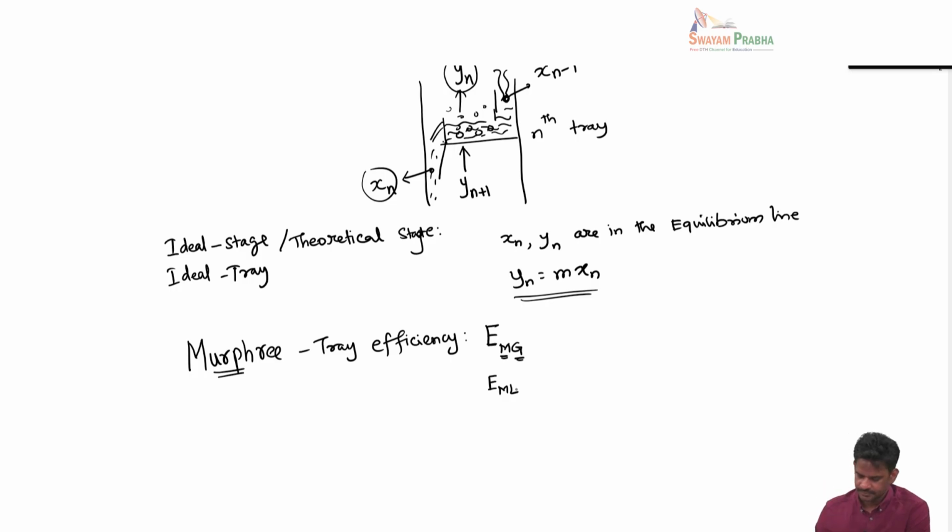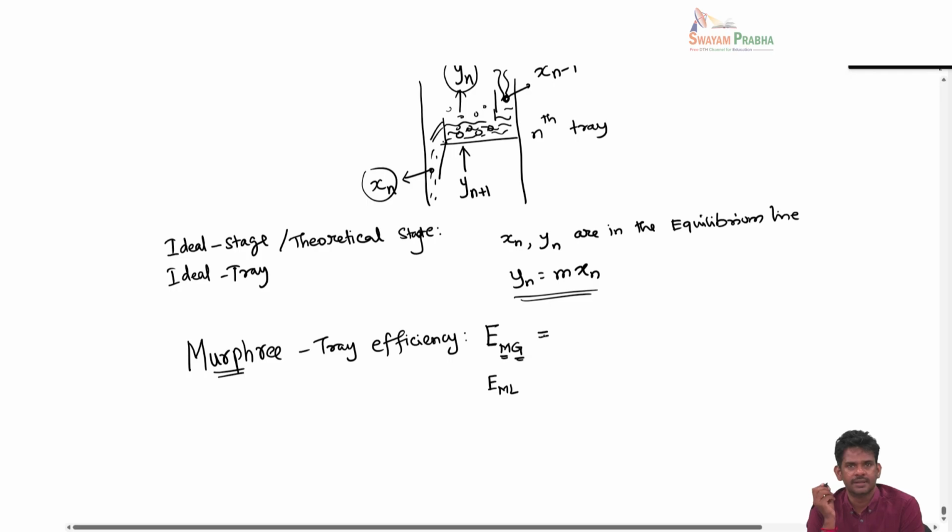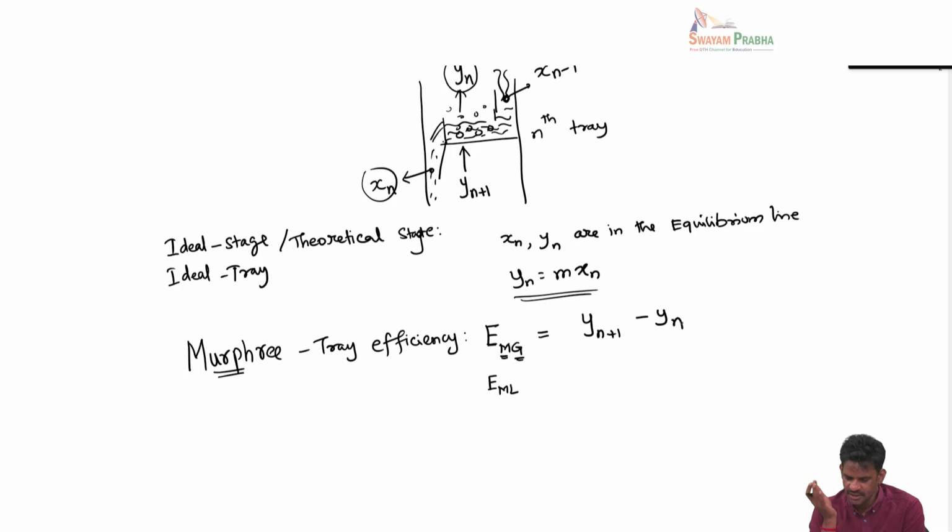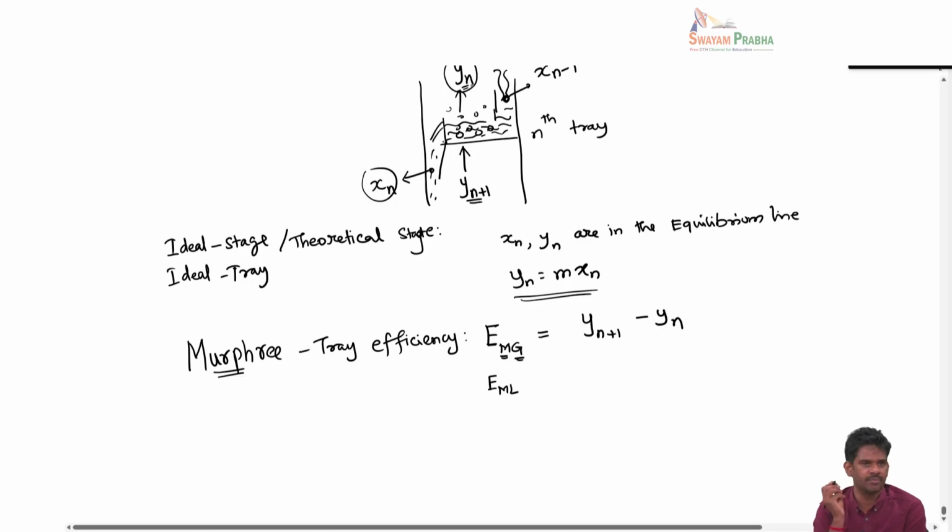Now, the way we define this Murphy efficiency is the actual change in the stage. With respect to the nth stage, the actual composition change is yn plus 1 minus yn, because yn plus 1 is the incoming composition and yn is the outgoing composition. This is the actual change over the maximum change that is possible.